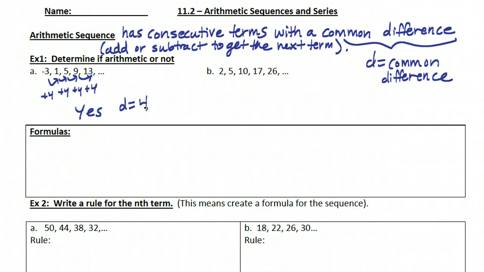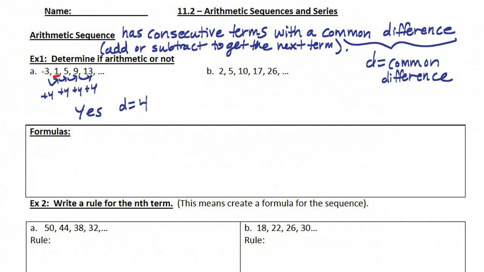We don't have to say plus 4, we just say a positive 4 if it's adding. We would say a negative 4 if it was subtracting. And just a quick comment, if you can't figure out in your head that it's plus 4, plus 4, plus 4, you can always do the next term, subtract the previous term. So like term 2 subtract term 1 in order to figure out what the d is.